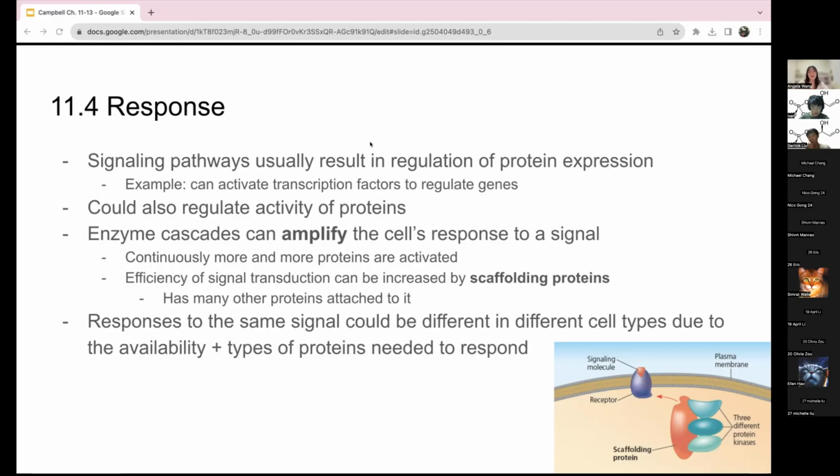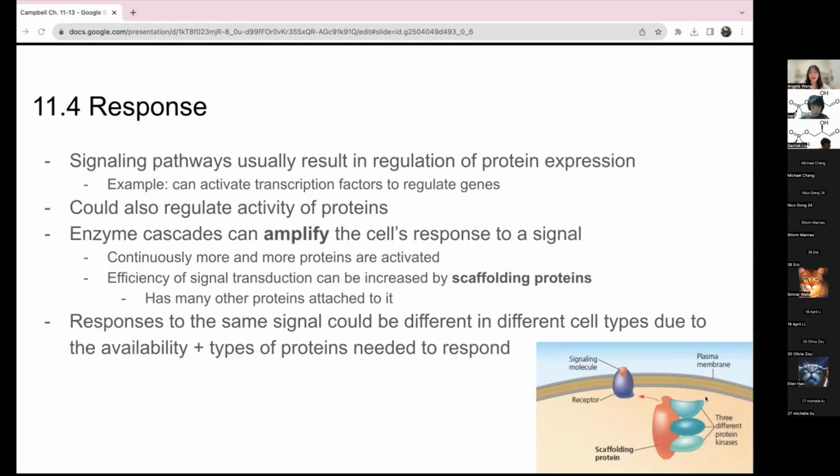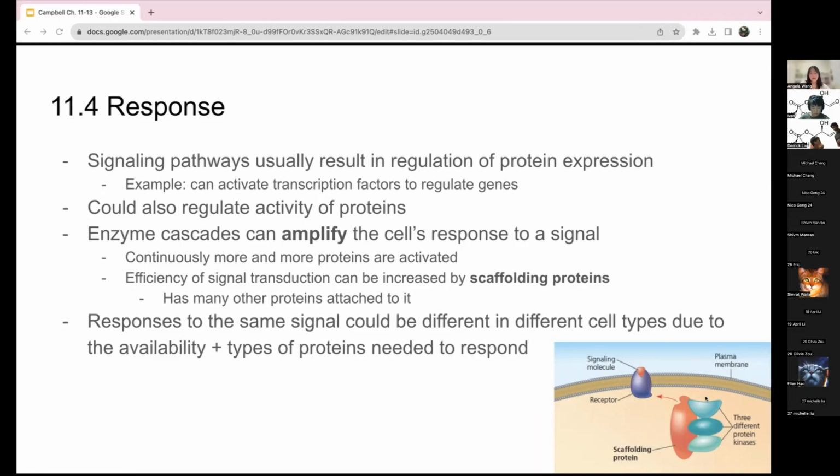That basically results in a lot more proteins being activated and a lot larger response. Similarly, scaffolding proteins, which are seen on the bottom right here, can also help with amplification, since there can be many relay proteins attached to one scaffolding protein, and so all of these proteins will be affected at once.